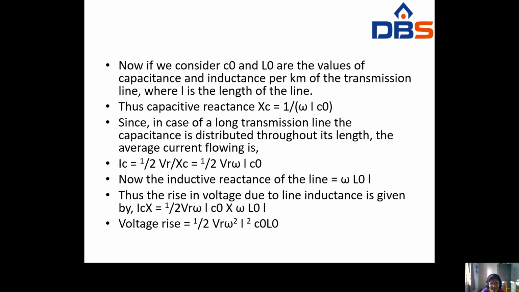In case of a long transmission line, the capacitance is distributed throughout the length. The average current flowing is half VR by XC.